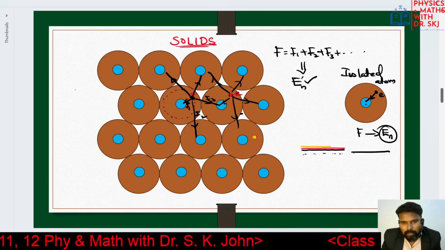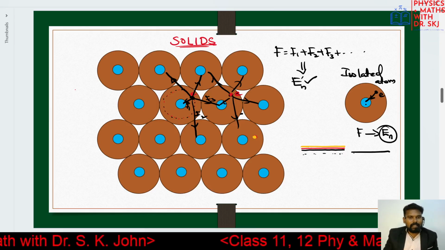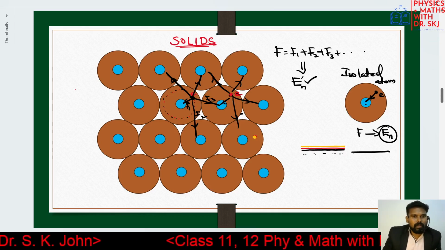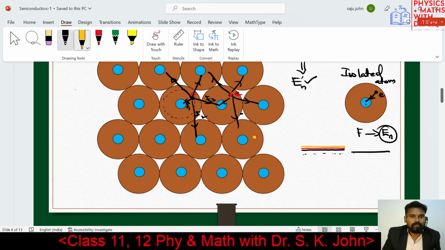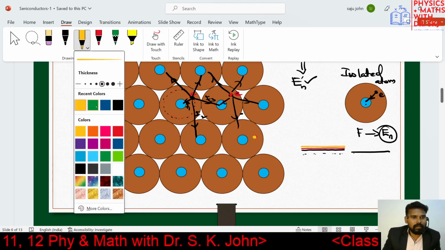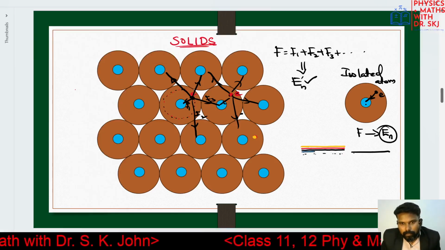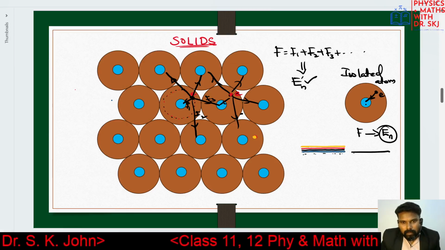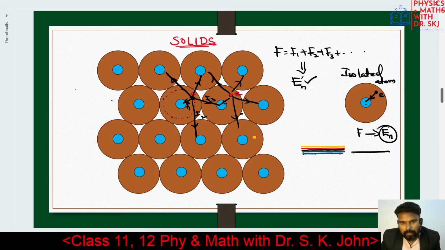There is only a small difference, but when you consider thousands of electrons, or lakhs of electrons in a solid, the energy levels can be different. So you have to draw so many energy levels. Let me use the same color.